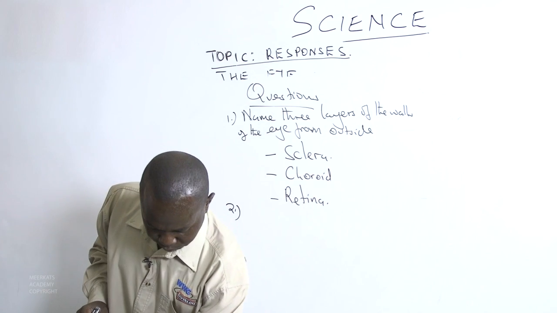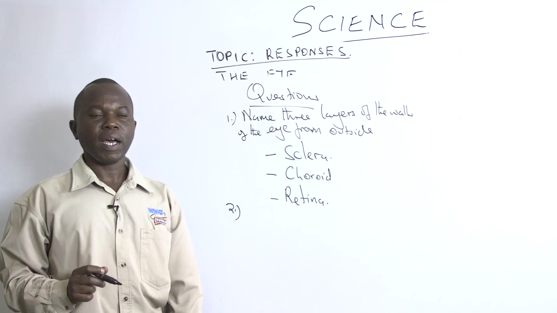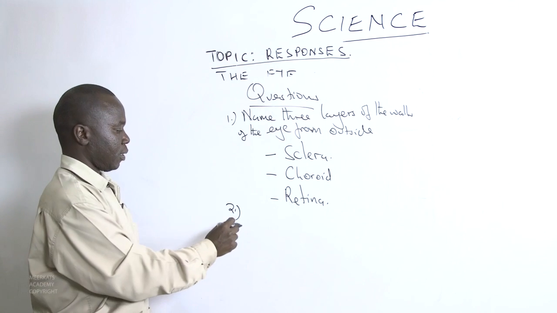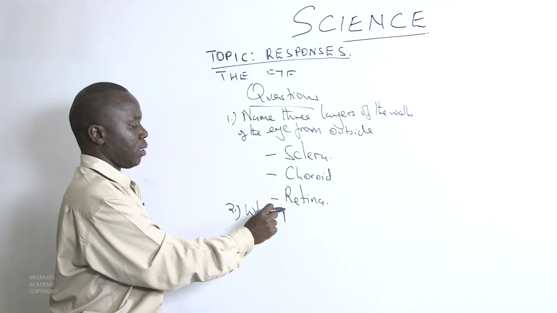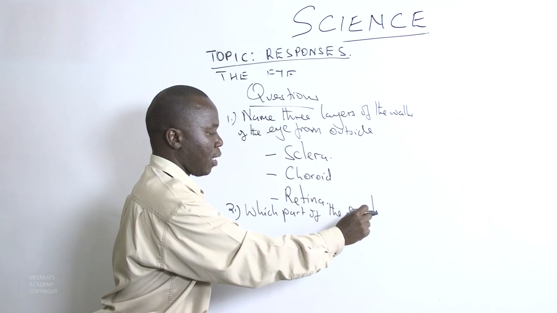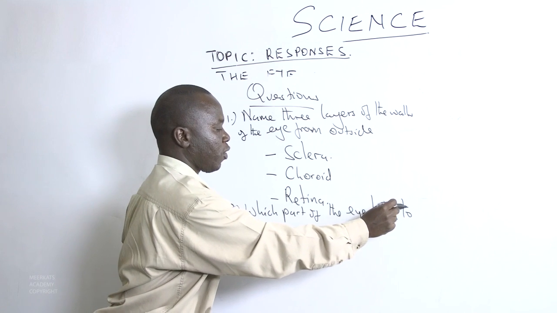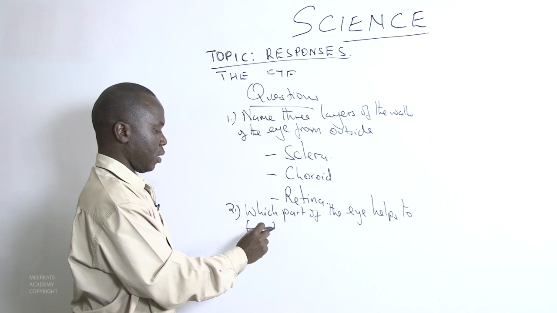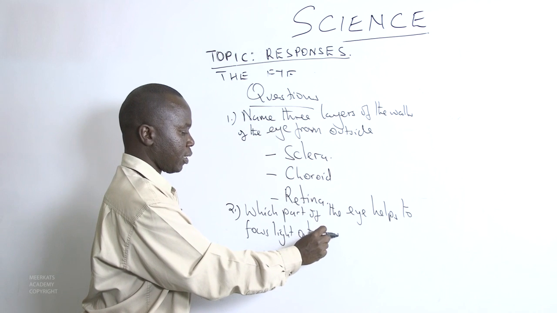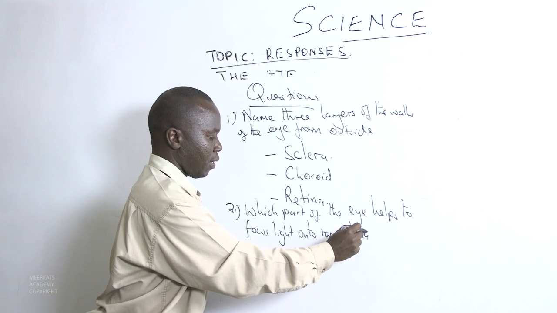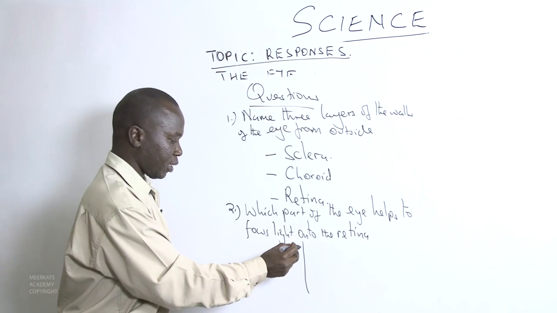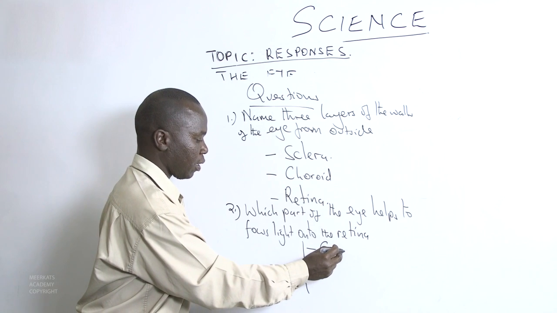Question number 2. Which parts of the eye help to focus light onto the retina? When light falls on the eyeball, the first part that's involved is the cornea.